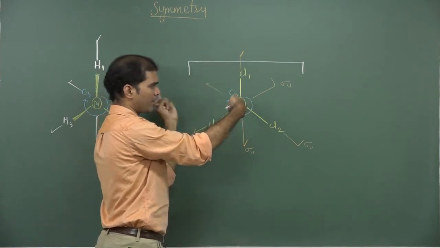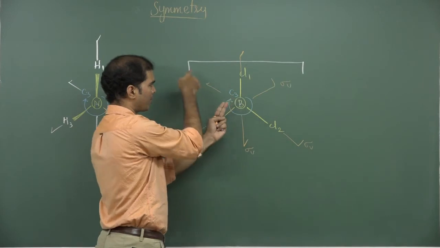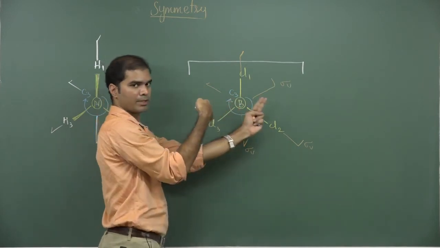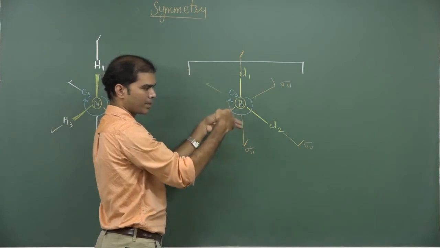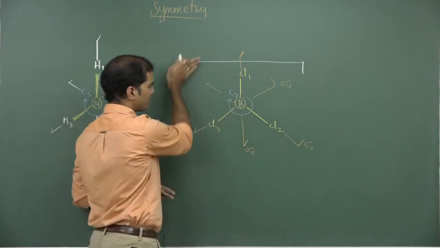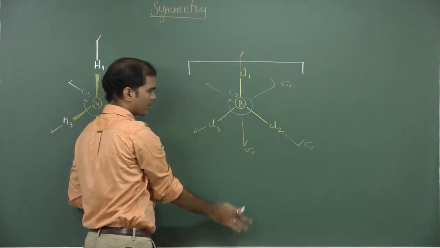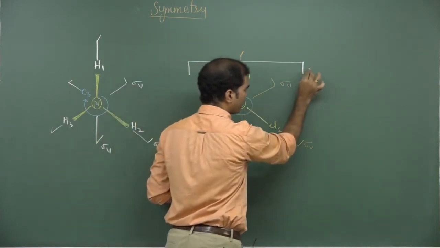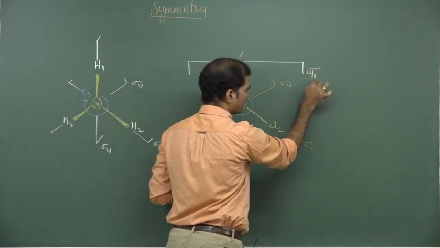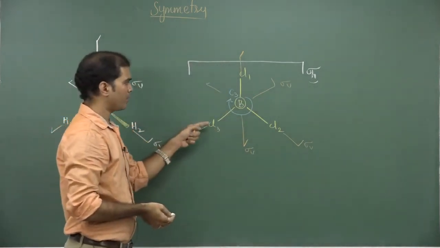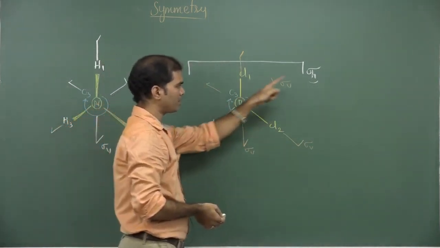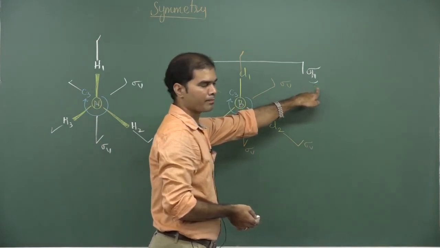Since it is perpendicular to it, any way you show, if I draw it from here, it is this way, or it is from this way. Anyway, it is perpendicular to the principal axis. Since this is perpendicular to the principal axis, the molecular plane in the case of BCl3 is a sigma H.